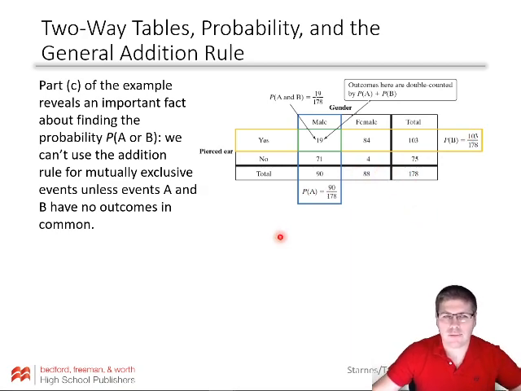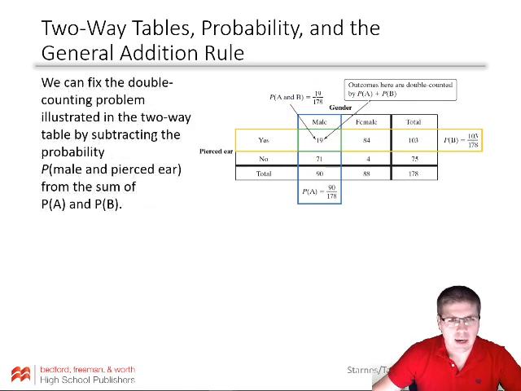These aren't mutually exclusive anymore because there are males with pierced ears. These 19 would get double counted if we added these two probabilities together. If I added 90 plus 103, you'll realize very quickly it doesn't make any sense because that number ends up being bigger than 1. We end up double counting this group, because I include them in those 103 and include them in this 90. So we need to make sure that we don't do that.